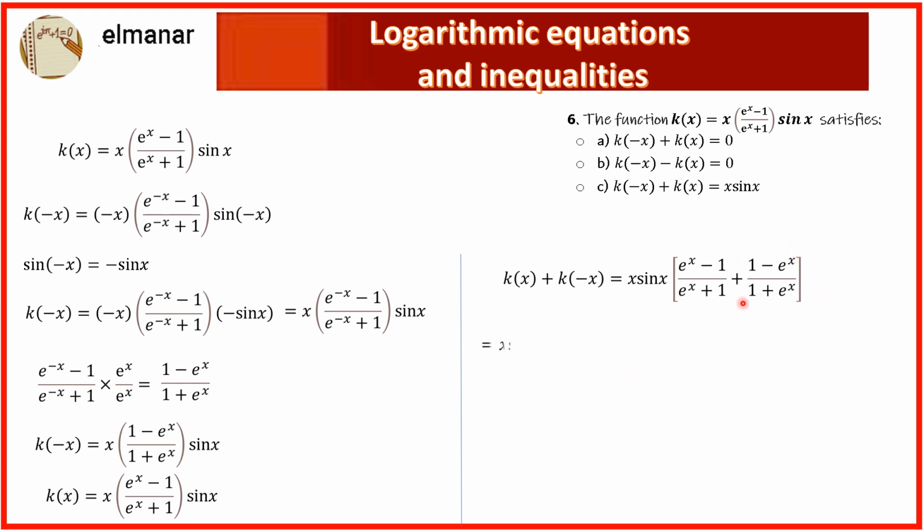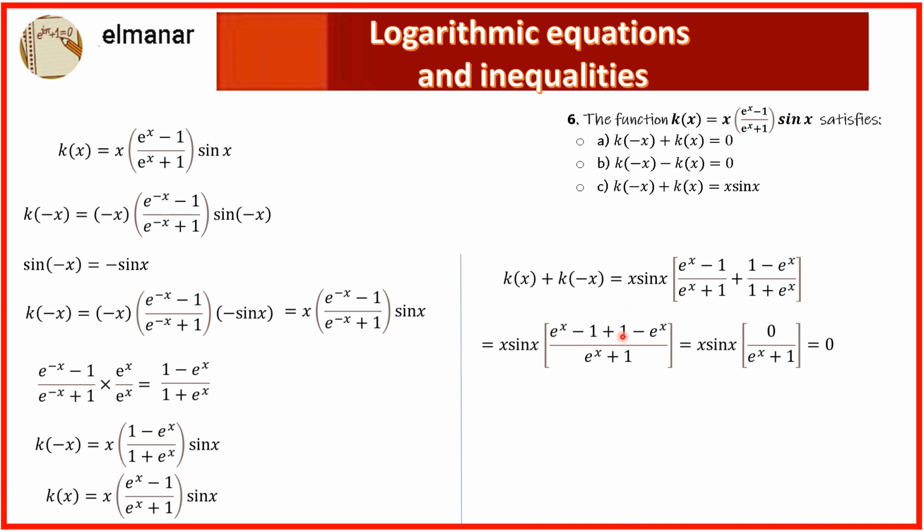We have a common denominator here, e to the x plus 1. So it becomes x times sine of x multiplied by the numerator, e to the x minus 1 plus 1 minus e to the x, all over e to the x plus 1. So, positive e to the x cancels out with negative e to the x, and negative 1 cancels out with positive 1.